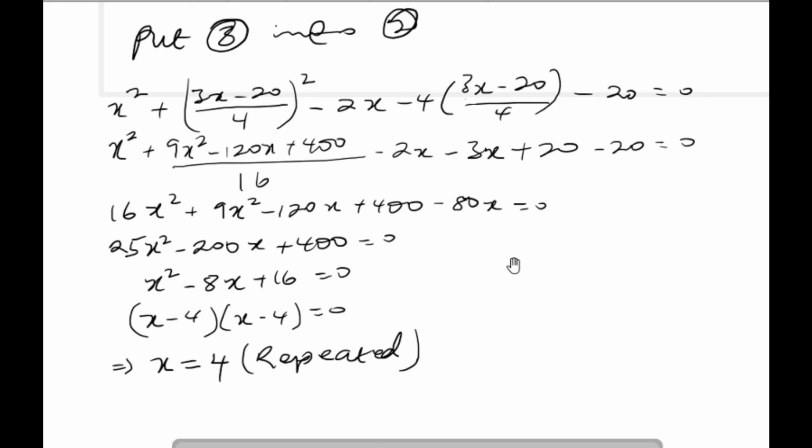This and this give us 0, so equal to 0. Then by simplifying further, this and this will give us 25x squared. Then this and this will give us 200x plus 400 equals 0. Then divide it through by 25. We are going to have x squared minus 8x plus 16 equals 0.